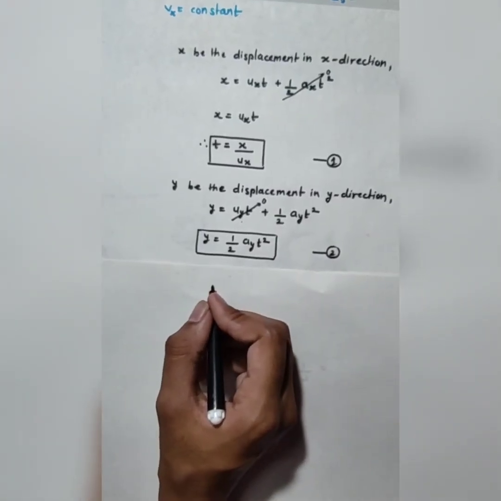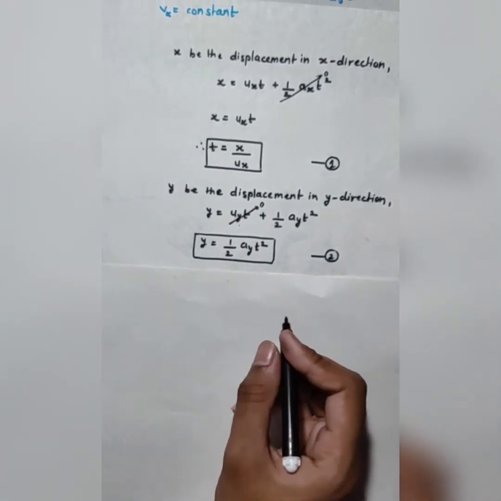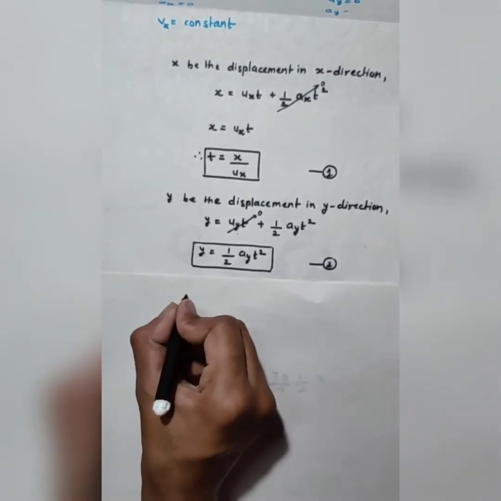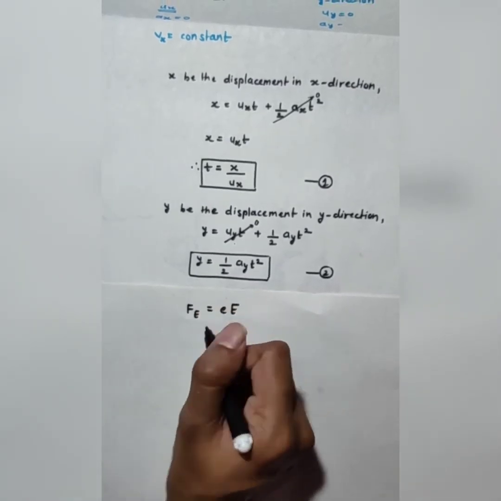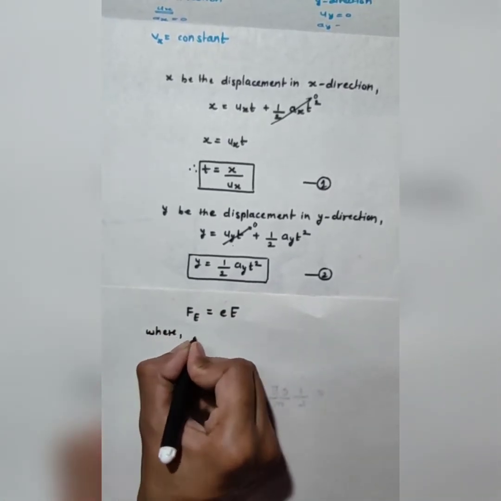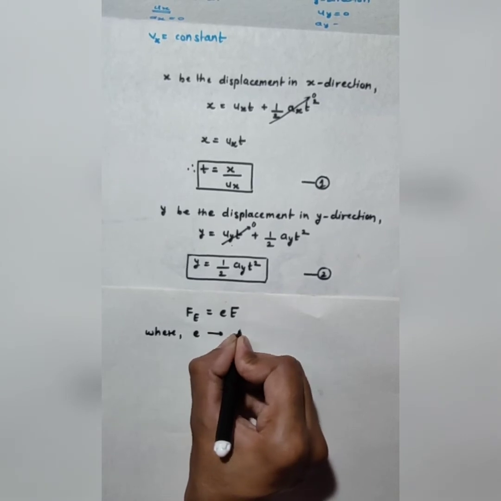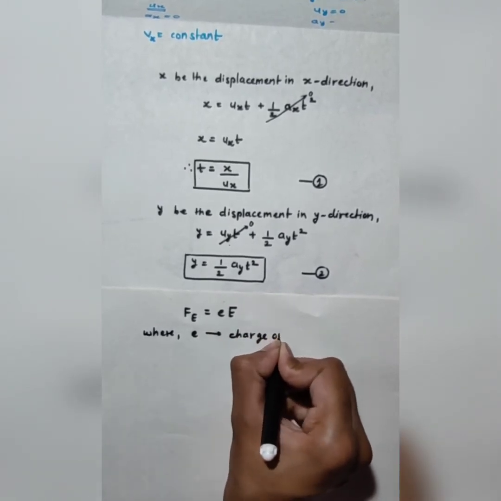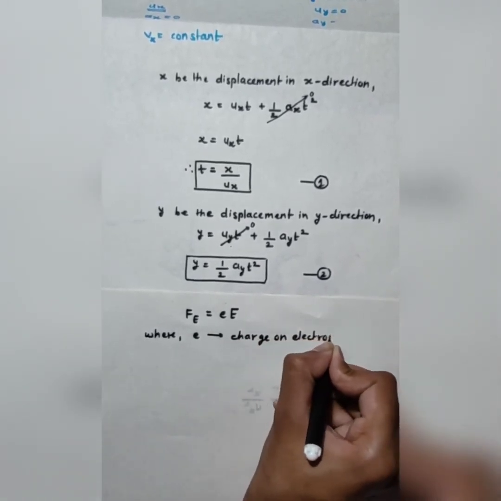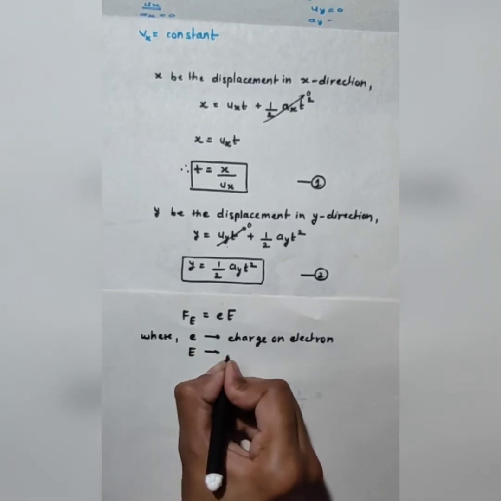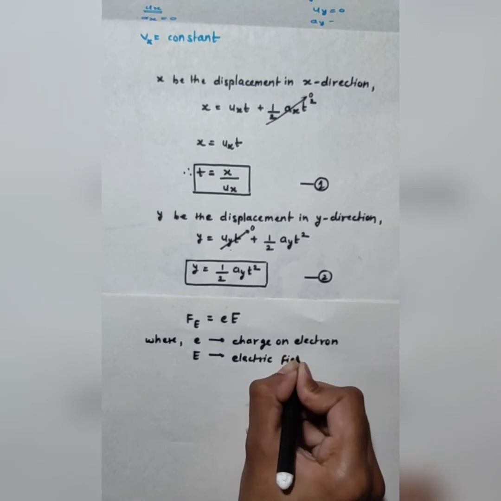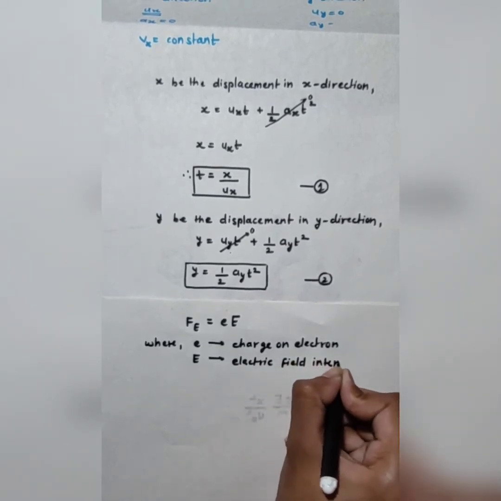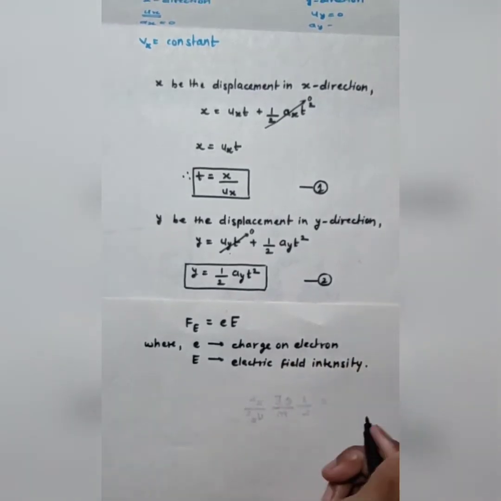When electron enters the transverse electric field, it will experience an electric force, which is given by Fe equals small e into capital E, where small e is the charge on electron and capital E is the electric field intensity. This is our equation number 3.